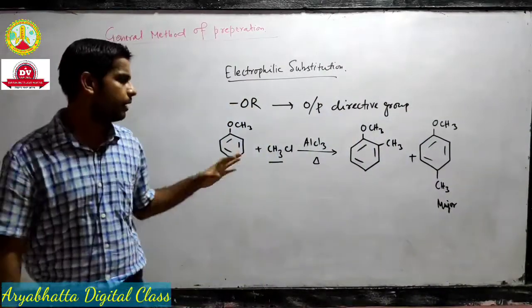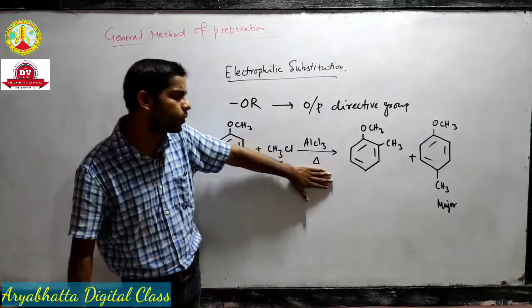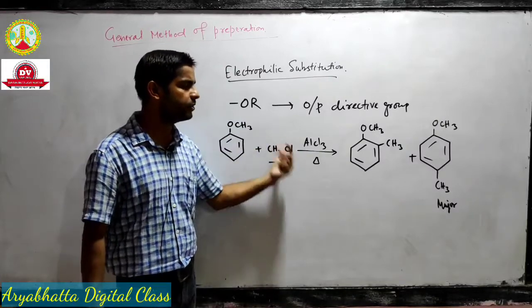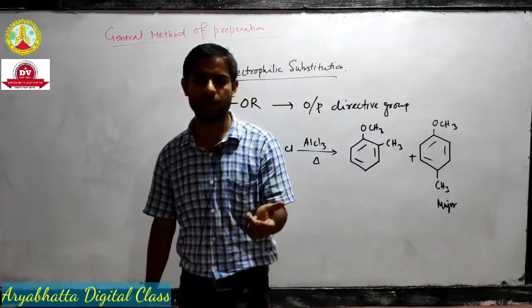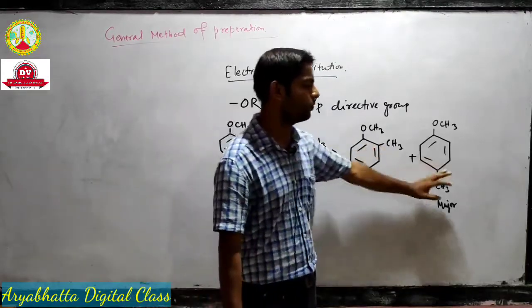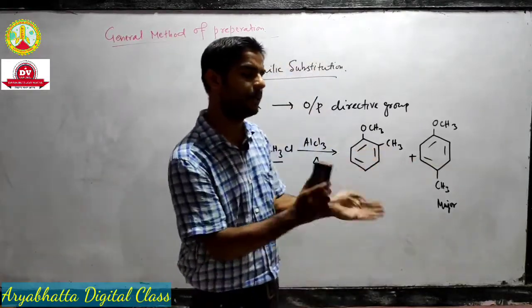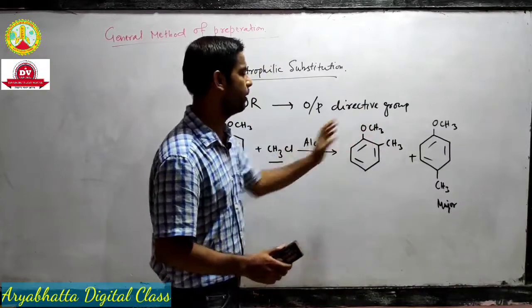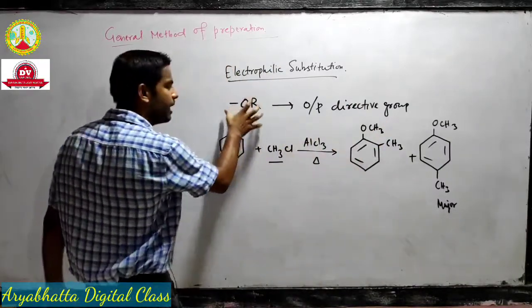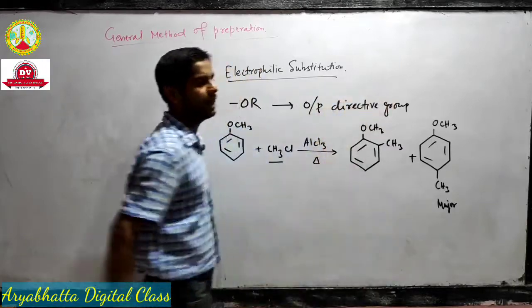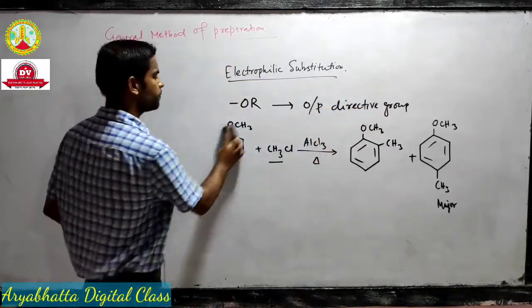So if I take nitric acid and sulfuric acid, then instead of CH3, NO2 will be added. The electrophile will change, but the positions will not change. They will go to the same relative position to the ether group or alkoxide group, because alkoxide groups are ortho-para directive in nature.